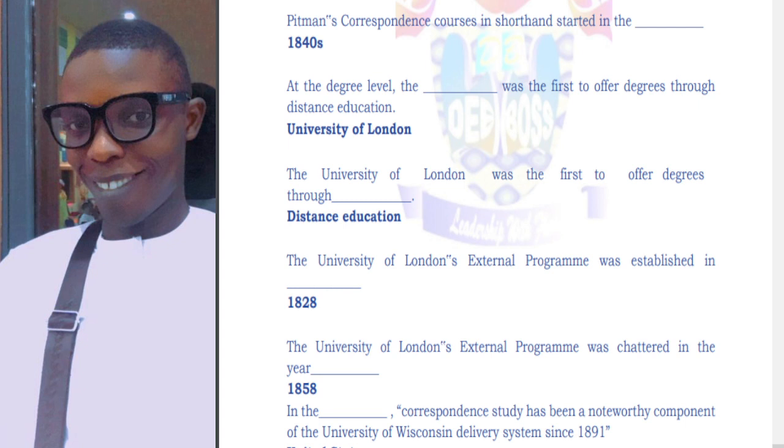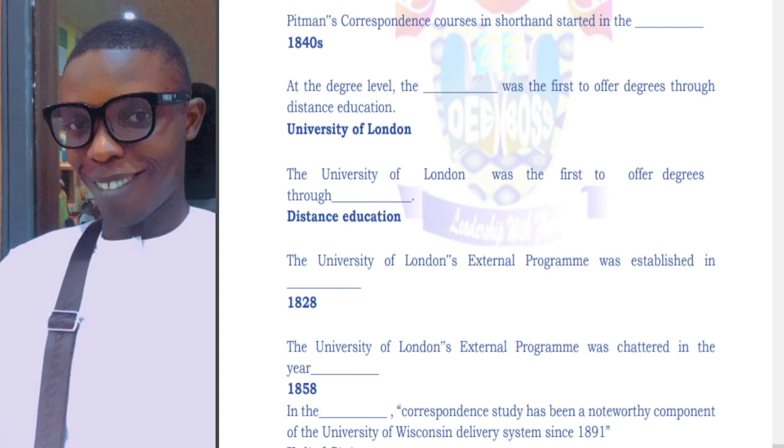Many people were using it for different means, just to pass on knowledge. But it became something big when we started offering degree certificates through that medium. And the first school to actually do that was the University of London.